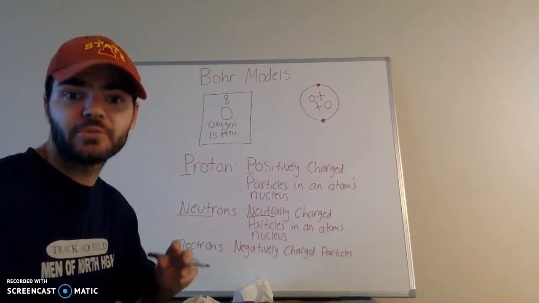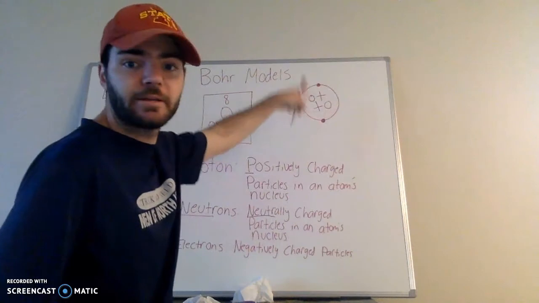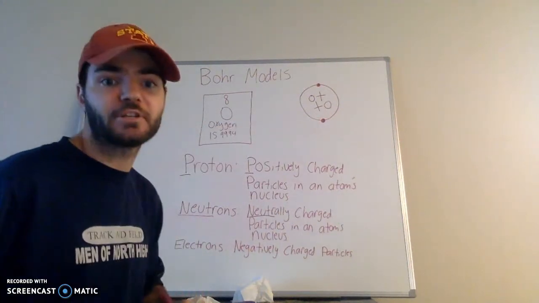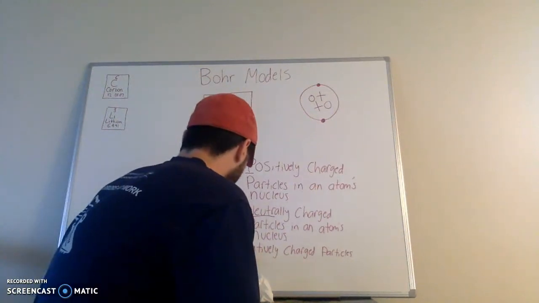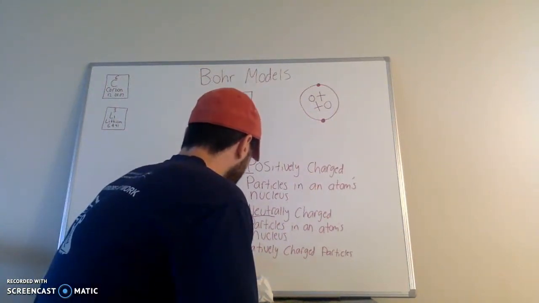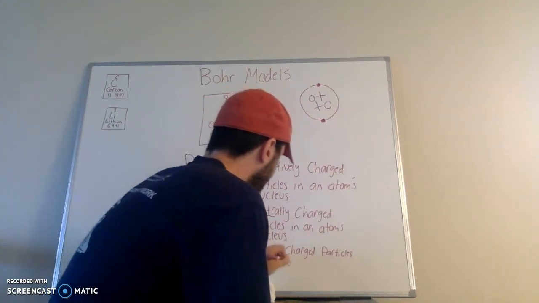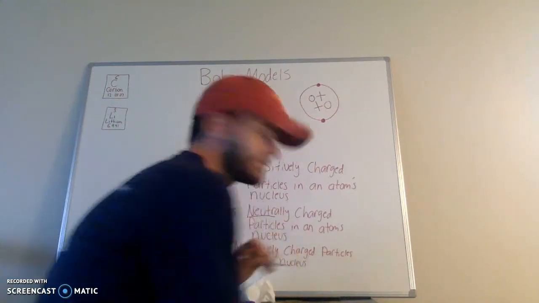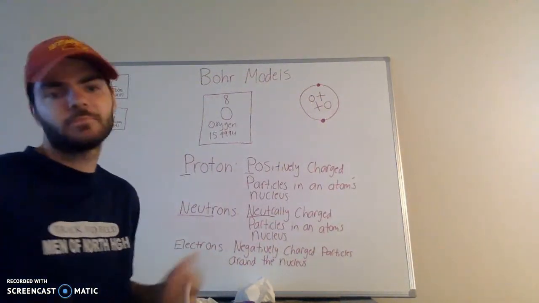So not in the nucleus, but they're actually buzzing around. And you can see in my picture here, I kind of have a ring going around. That's where the electrons are going to be buzzing around. So negatively charged particles around the nucleus. And I probably even should have said outside the nucleus instead of around, but you get the idea.